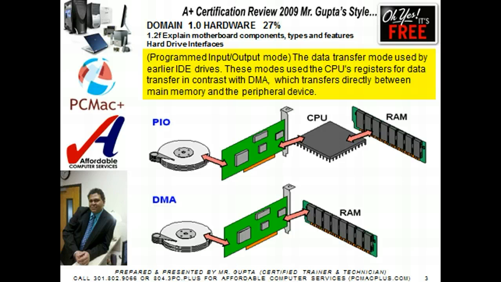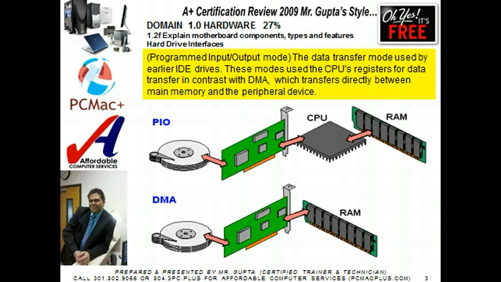The second transfer mode you need to know is called PIO, Programmed Input and Output. This involves the CPU and is slower than DMA mode.